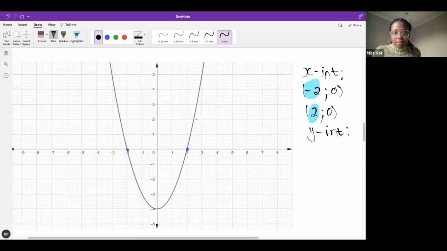Let's check that the zeros are in the correct place. There we go, we are getting it. If it's a y-intercept, then your x is 0. So it's (0; -4). I feel like we're getting better at this.